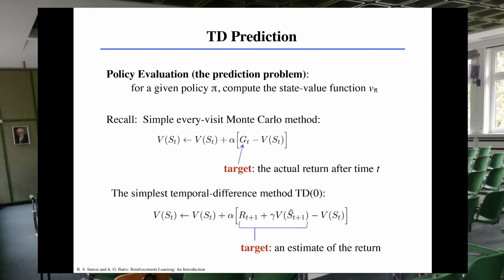If we use gamma equals 1, we say that this is an undiscounted problem. As you can see, the source of the change in the estimation of the value in TD will come from the reward that we will get in the next time step, versus Monte Carlo methods, where the source of the change will come from the final return.